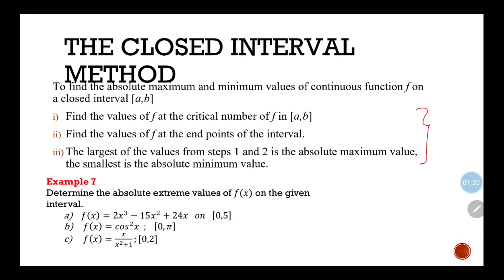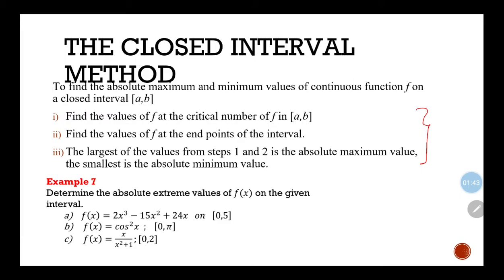So when you find this kind of question, you have to do these three. This is the checklist that you must fulfill. To determine the absolute extreme values, you must fulfill these three checklists.